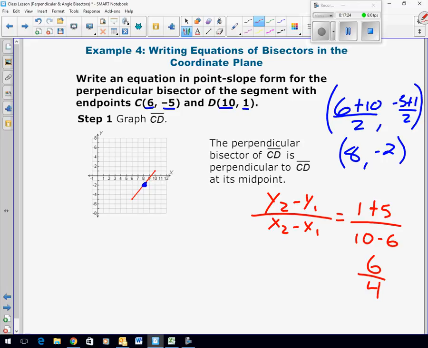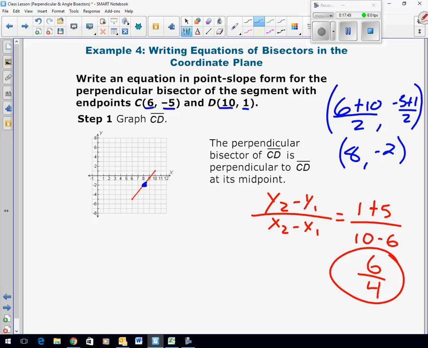The perpendicular bisector is found by taking the midpoint, finding the slope, and then taking what we call the opposite reciprocal slope. Opposite reciprocal. Take 6 over 4. Take the opposite of positive 6 over 4. What's that going to be?